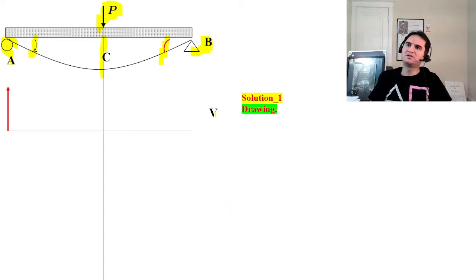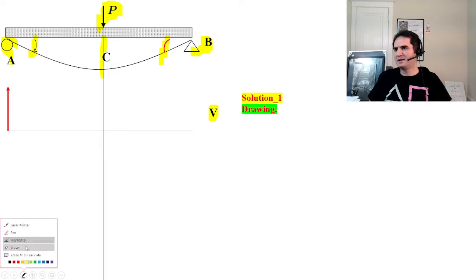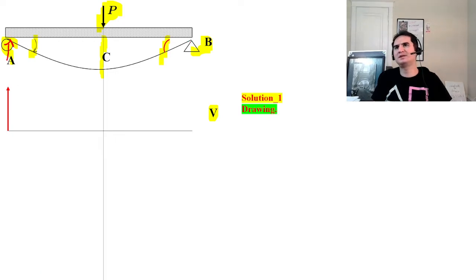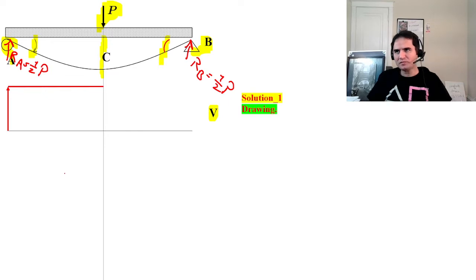If we draw the shear diagram, a two simple support beam handling a concentrated load at the center, RA and RB just go by half of that force. So RA is equal to RB, and that's P over 2. If you are drawing the shear diagram, you are just coming up by the amount of P over 2.